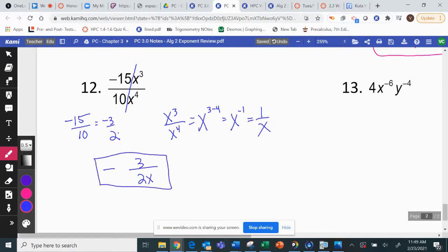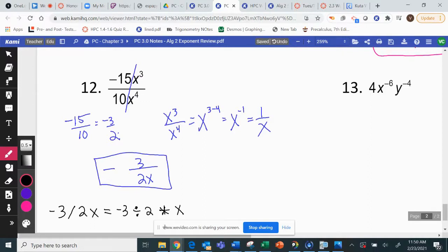So I'm going to go off on a tangent for just a second. One reason why I hate the fraction bars that look like this is because when I look at this, this is telling me negative 3 divided by 2 and then multiplied by x. This is not telling me the x is on the bottom.